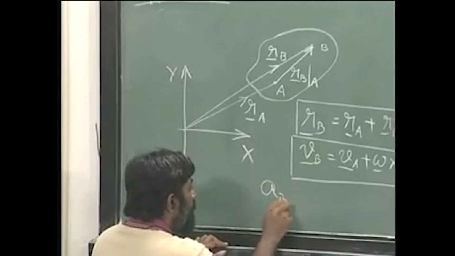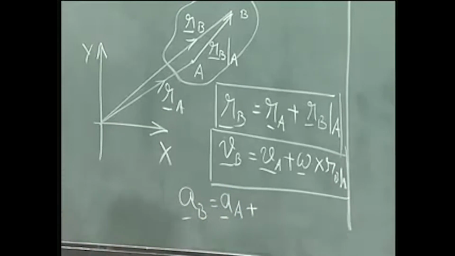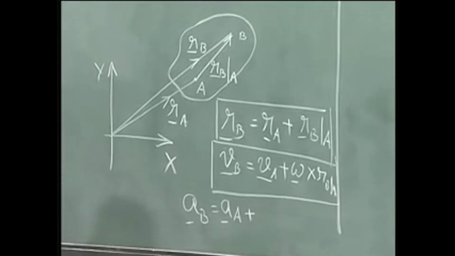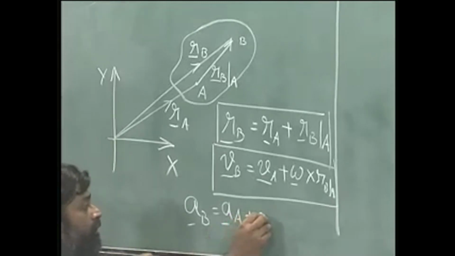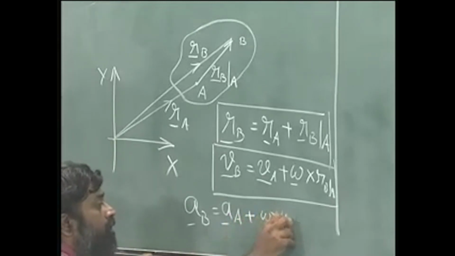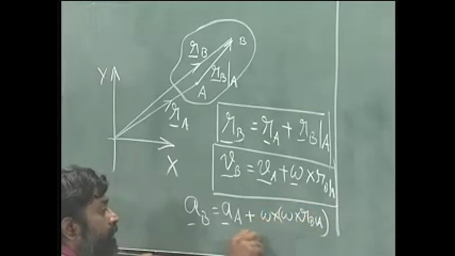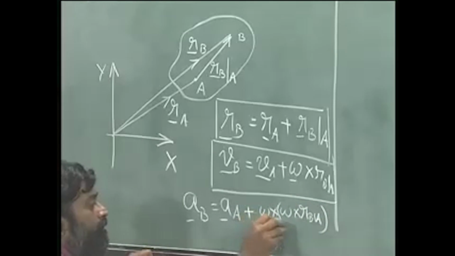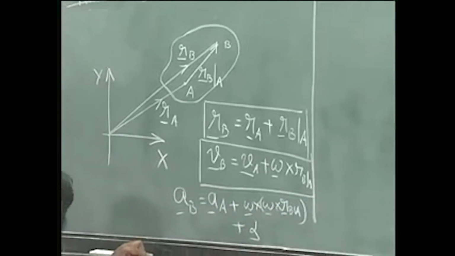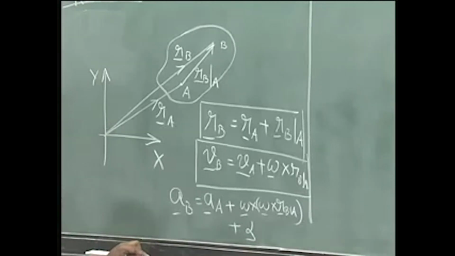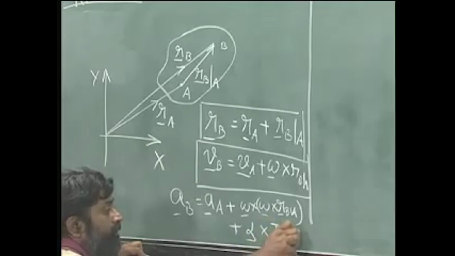Acceleration of B is given by acceleration of A plus, let me write down the vectorial notations first and then get an idea of the directions, omega cross omega cross RB with respect to A plus, remember all these are vectors, plus alpha, which is the angular acceleration of the body, cross RB with respect to A.